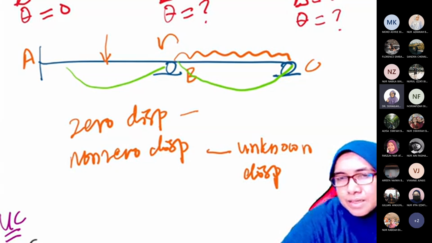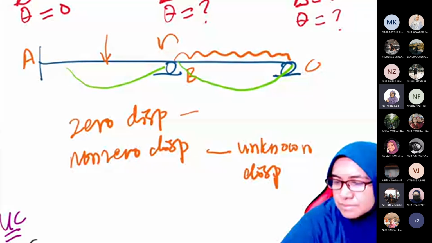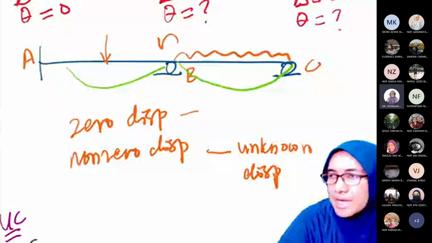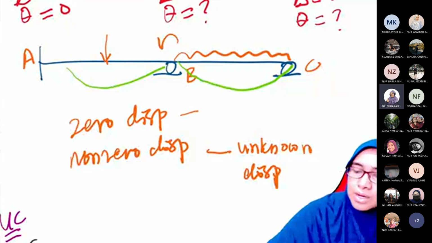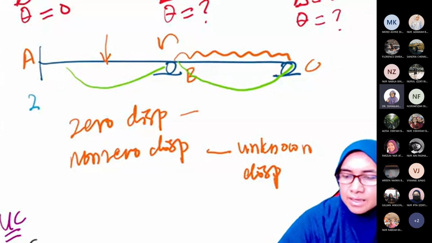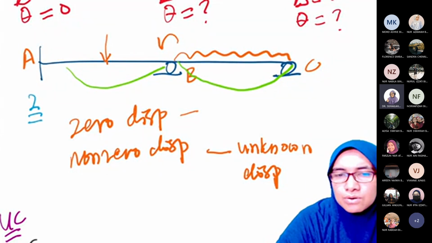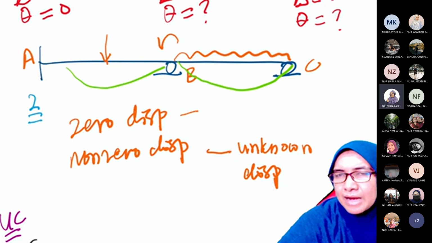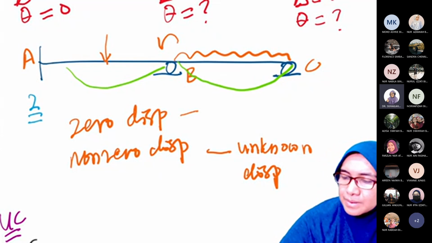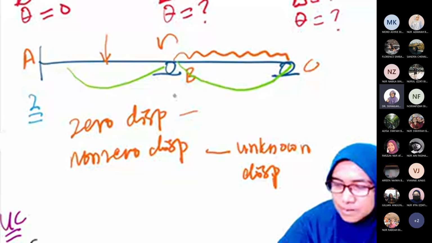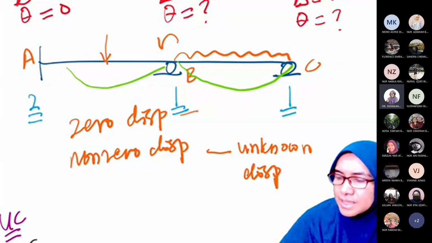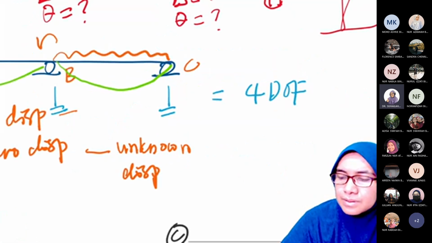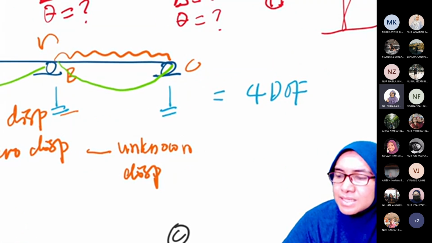It is 3, but we only count 2 because we only count Y and Z. So here we have 2. Okay, at B, how many unknown reaction at B? 1 because of roller. Another 1 dekat C kan. So total ni dapat 4 DOF in constraint system.